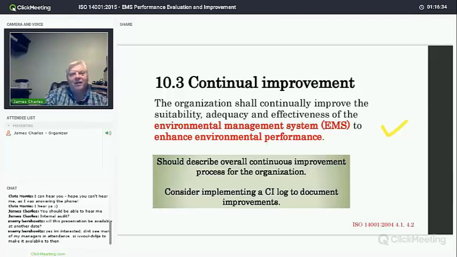And if any of you have any thoughts on that, please chat in, because right now the registration auditors, consultants, and you guys, we're all going through this transition process where we're really trying to understand what's a requirement and what isn't. So again, when I read the words, it almost feels like if we don't enhance performance, we could potentially not conform to this requirement. But I'm not quite willing to go that far yet.